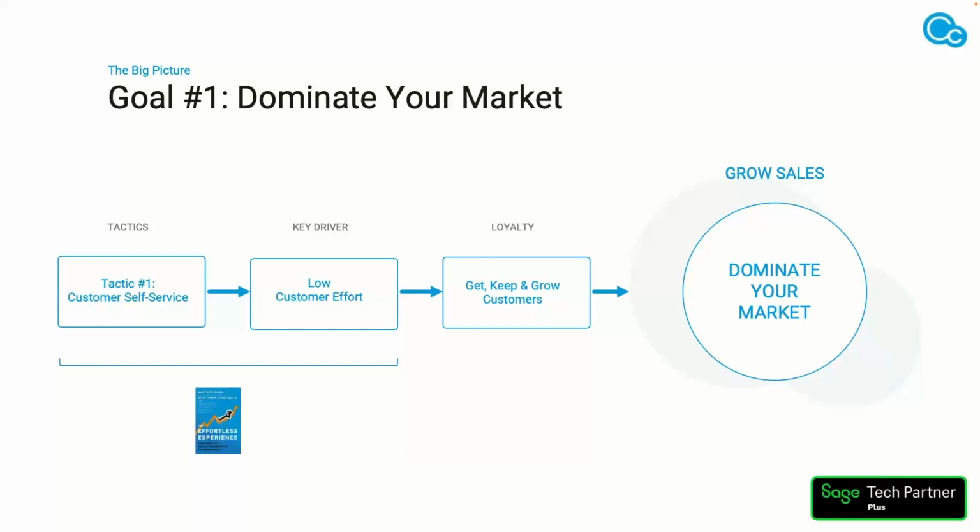So the first goal that we introduced there is dominating your market, or growing or maximizing your sales revenue. And what you're seeing here is that one of the key tactics to doing that is to allow customers to self-service. That could be minimal, in the sense of we want customers to track shipments, track orders, track status, view invoices, pay invoices online.